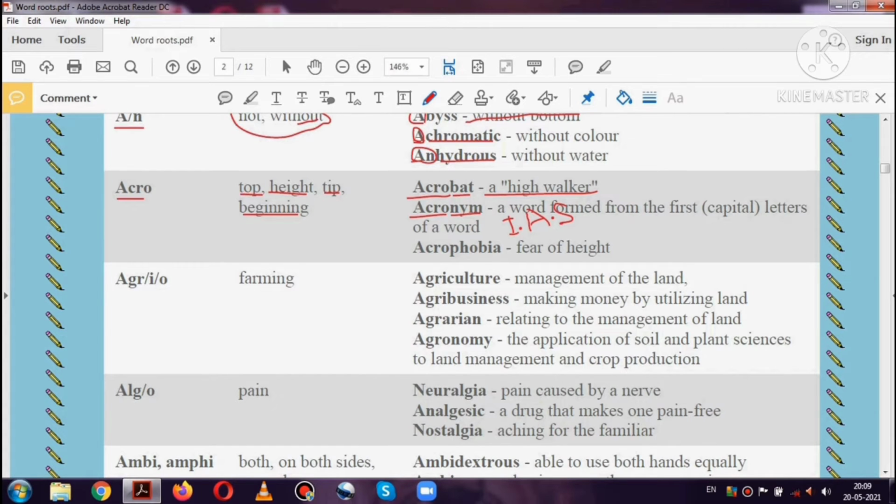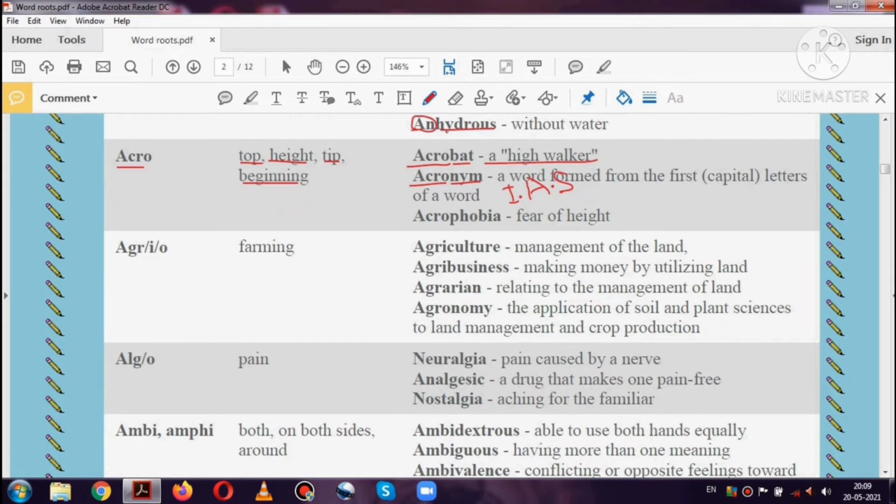The next word is acrophobia, as acro means height and phobia means fear. So acrophobia means fear of height, the tendency to be afraid of heights. This word is asked in one-word substitution.